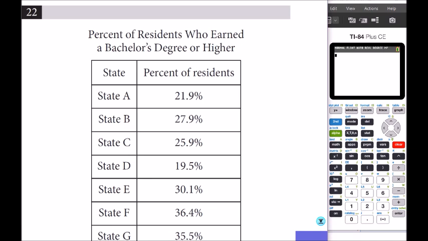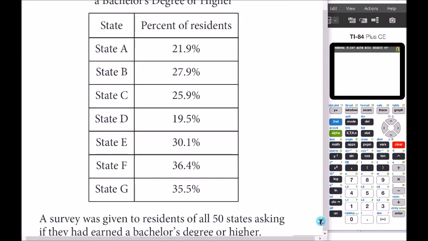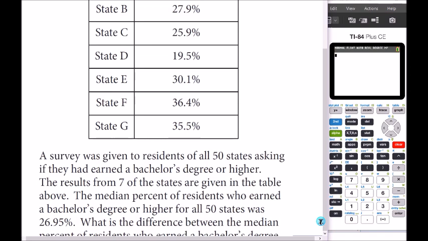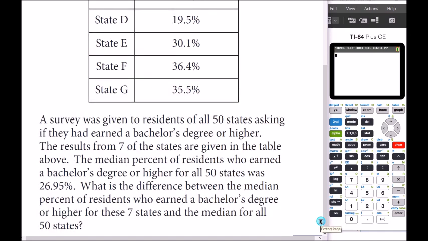22. A certain percentage of the residents earn a bachelor's degree or higher. A survey was given to residents of all 50 states asking if they had earned a bachelor's degree or higher. The results from 7 of the states are given in the table above.